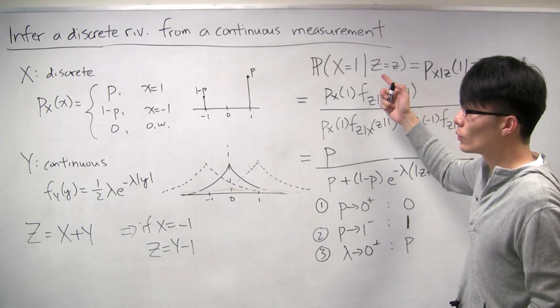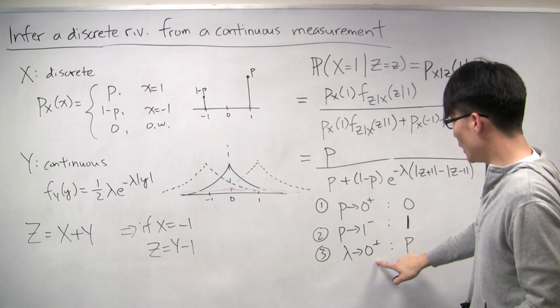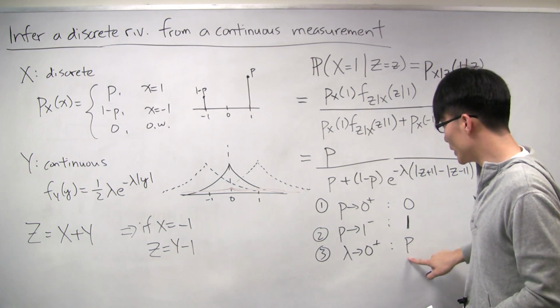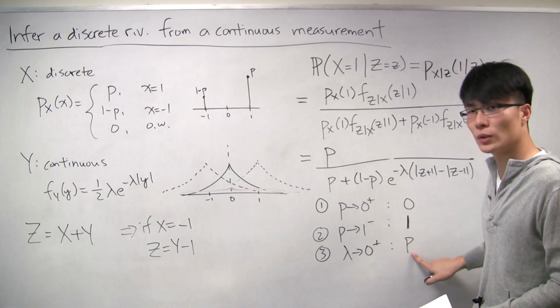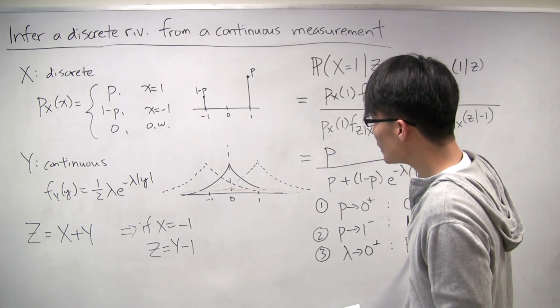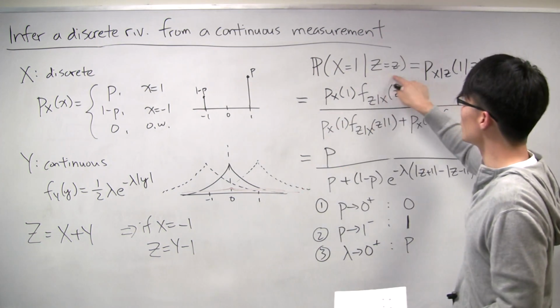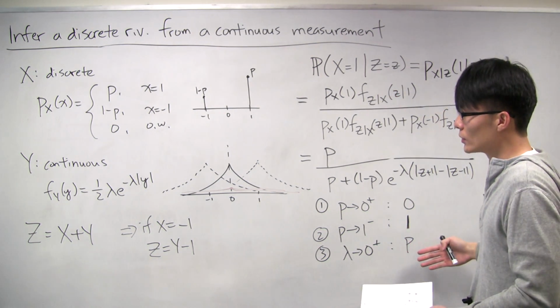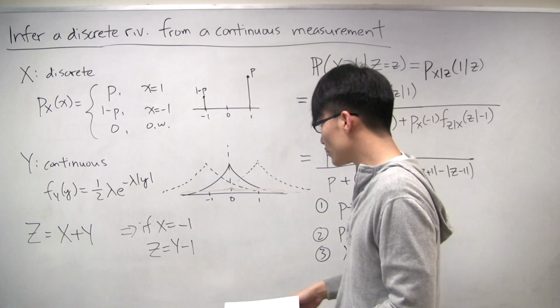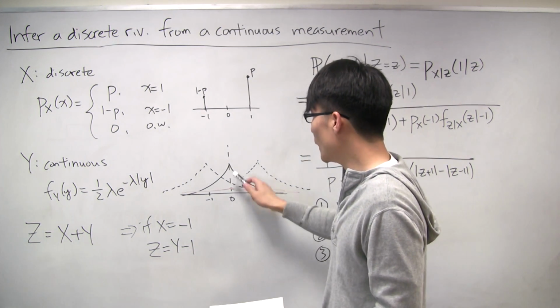And with this additional continuous measurement, our guess of the probability that x equals 1 is still p, so it hasn't changed. So basically it's telling us that this additional information was not informative, and didn't actually help us change our beliefs. And so why is that?